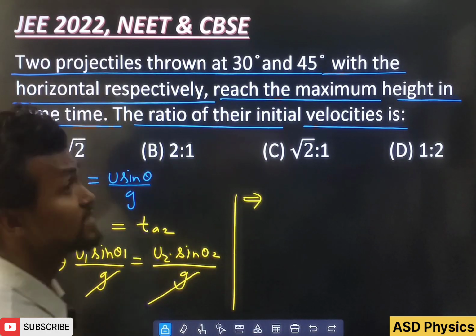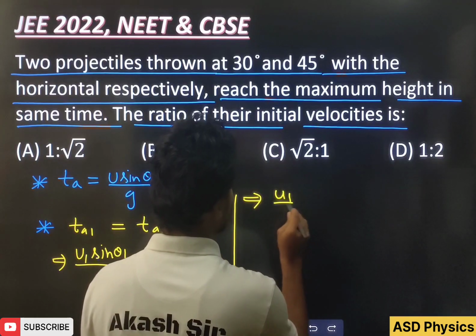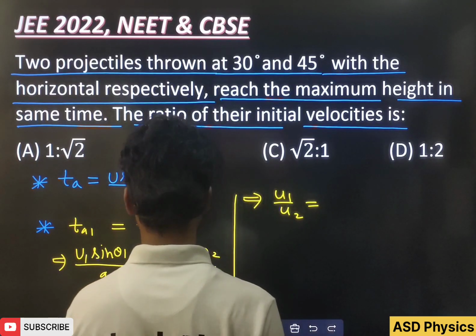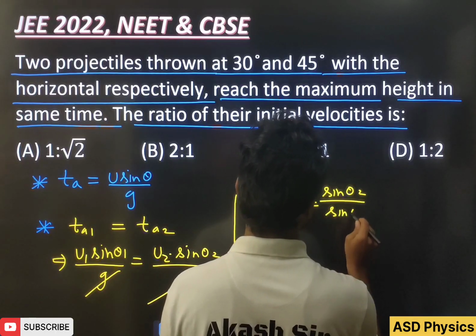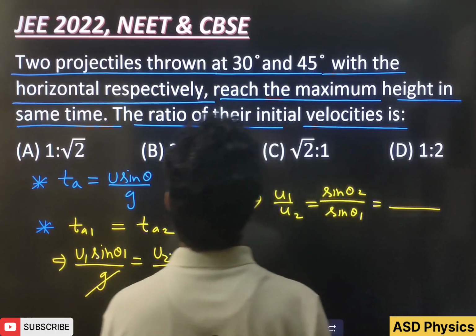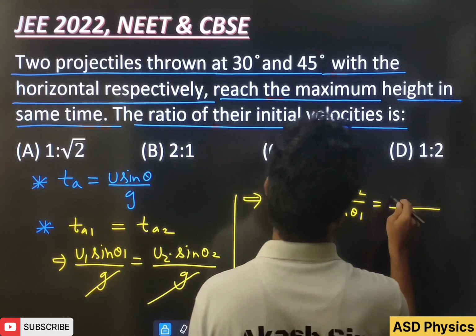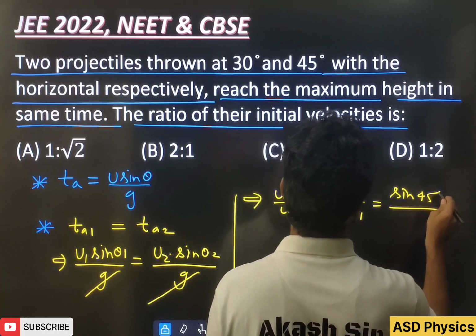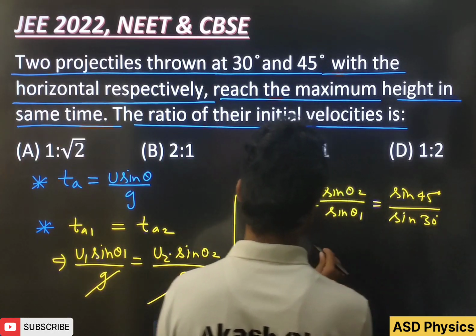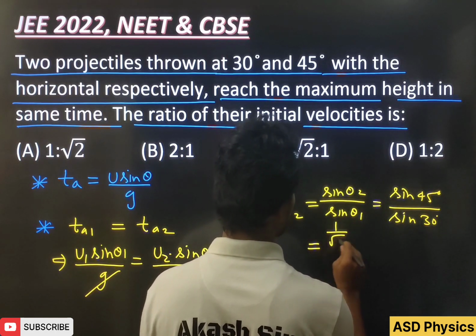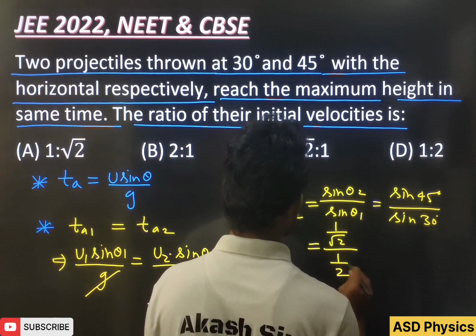Okay, so they are asking the ratio of their initial velocity. So what is u1 by u2? This u1 by u2 will become sine theta 2 by sine theta 1. So sine theta 2, second angle how much here? 45. So sine 45 degree by sine theta 1, how much given? 30 degree here. Okay, so sine 45 degree means 1 by root 2, sine 30 degree means 1 by 2.